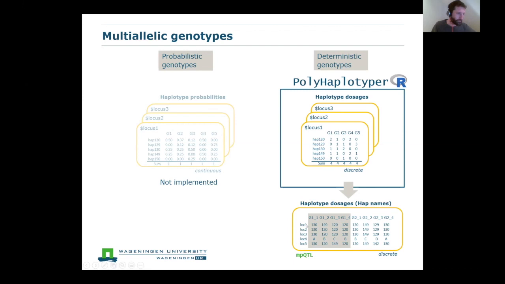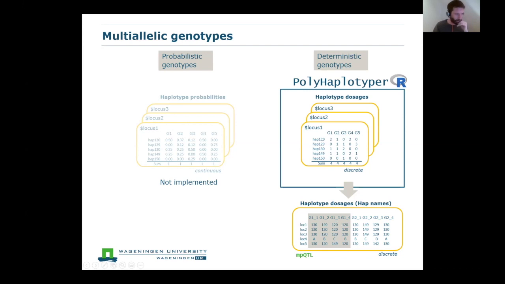So here we have a locus for each row, and an individual is described by 4 columns, 1 for each homolog, and for each column the haplotype name is reported.